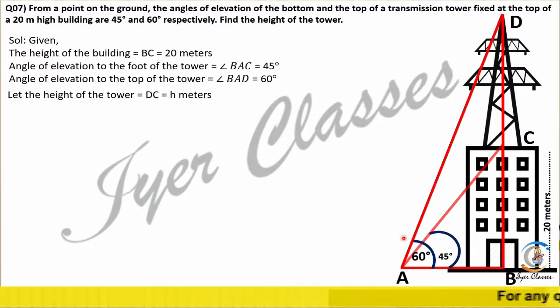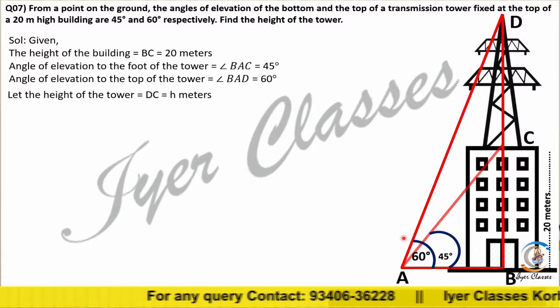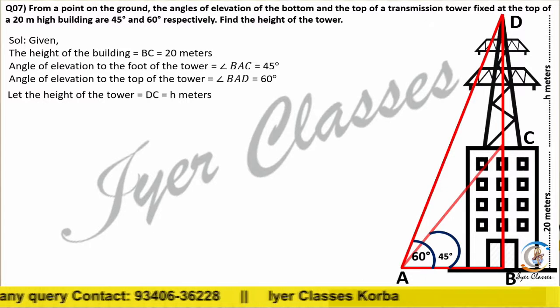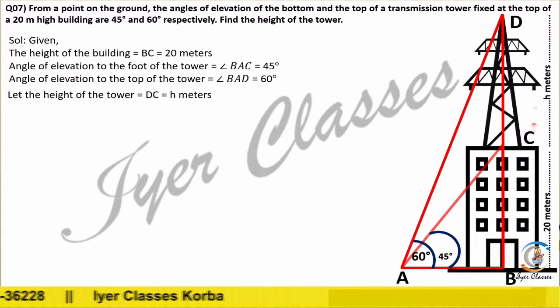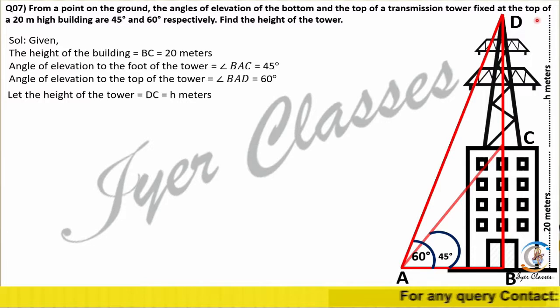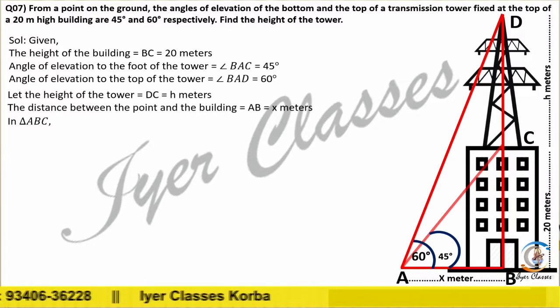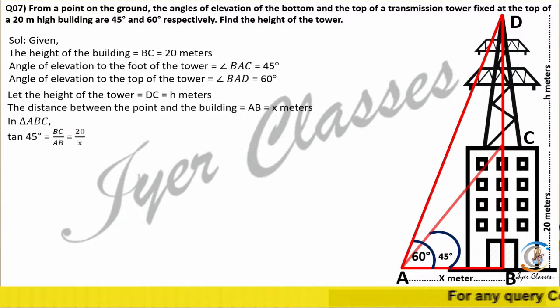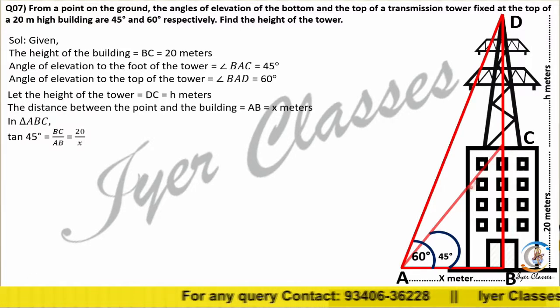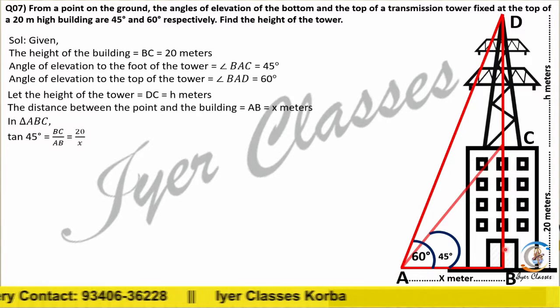Now the height of the tower, we don't know, we are supposed to calculate it. So it is taken as H. We are marking it as H meters, you can see here. For this, if I consider the triangle ABC, we are going to take AB as x meters, and we know tan 45 is equal to perpendicular over base in the triangle ABC. BC is the perpendicular and AB is the base.